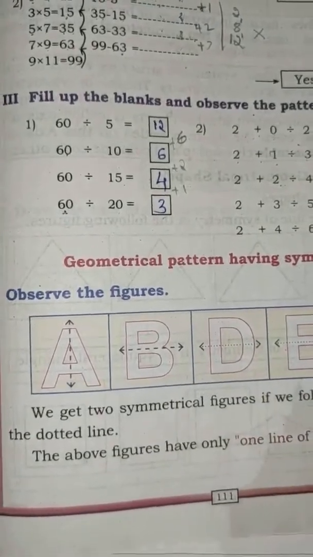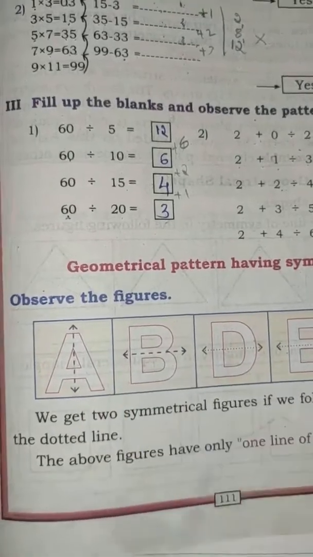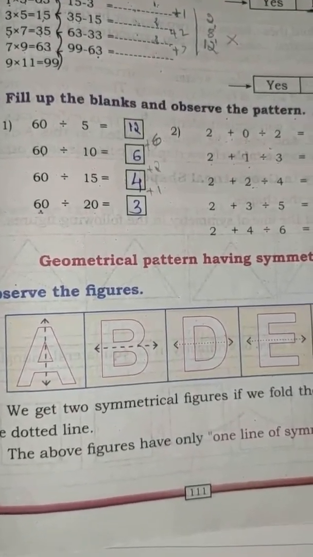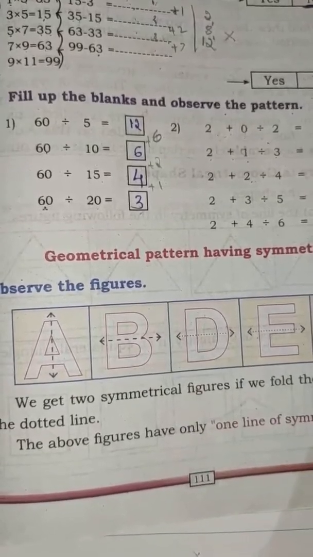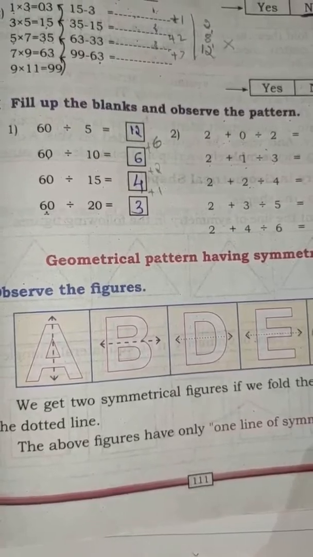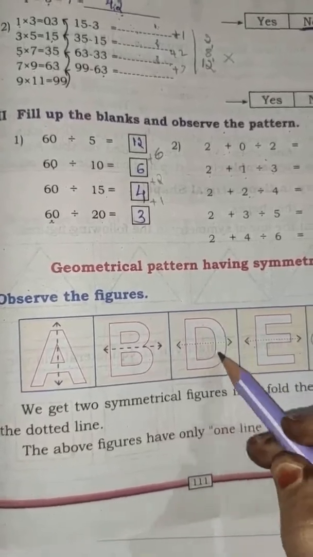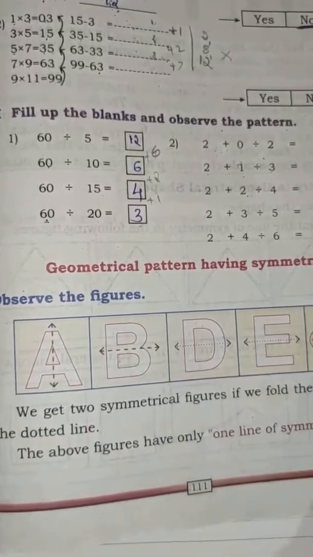Okay, so what is symmetry? A regular, identical, systematic figure which lies on either side of a line is called symmetry.